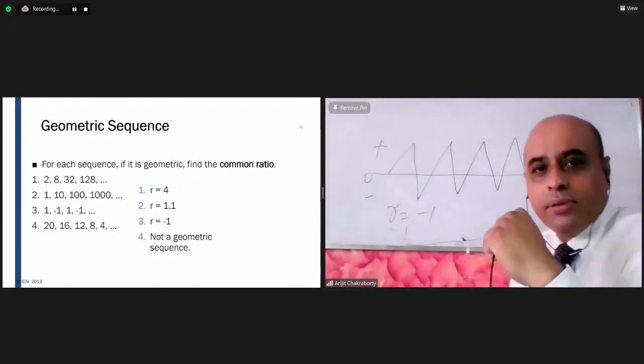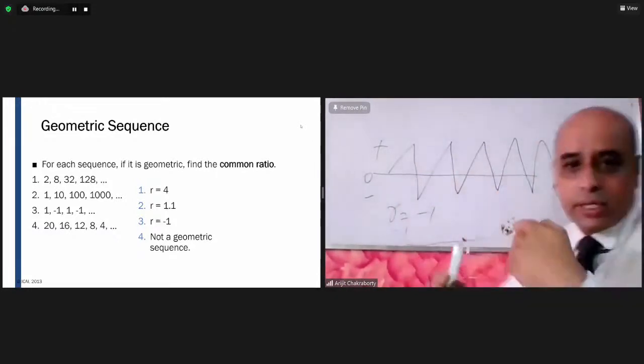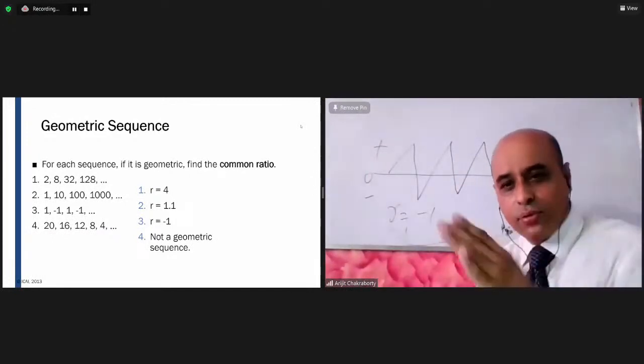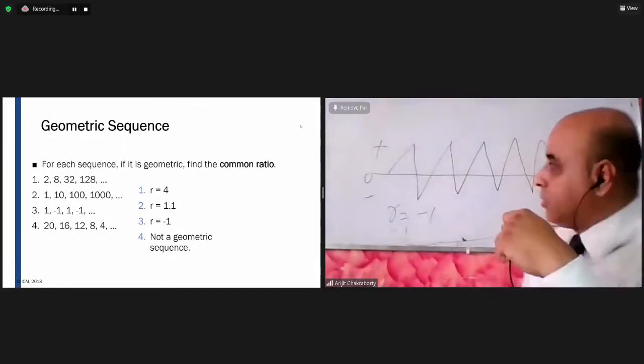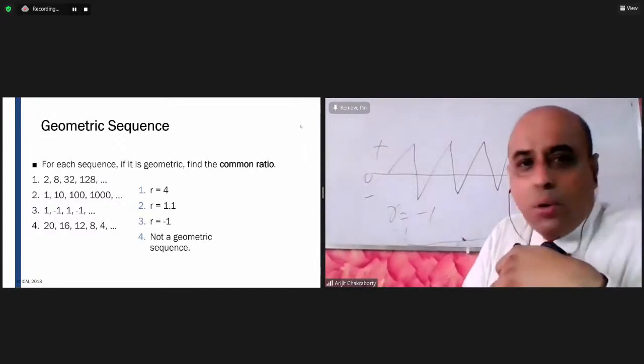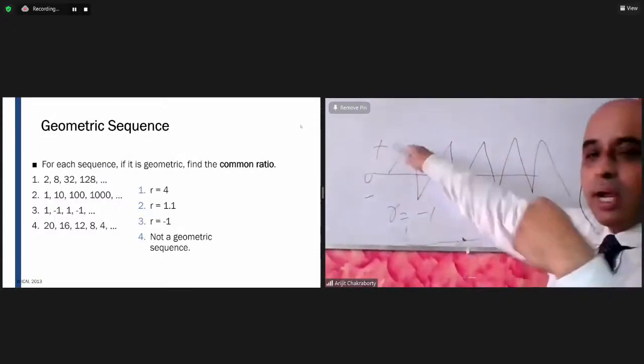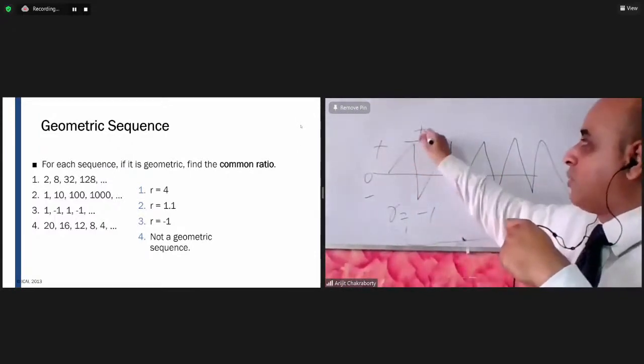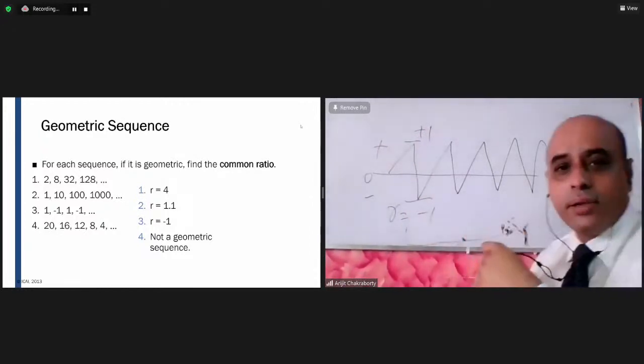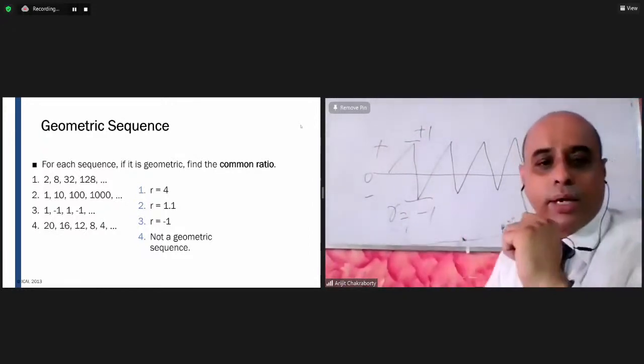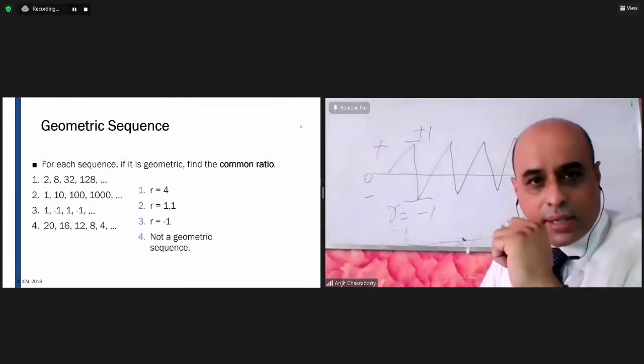This is more like a wave. So does it progress? No, it is bounded. On one hand, the maximum value is +1, and on the negative side, the minimum value is -1. It will not go beyond that.